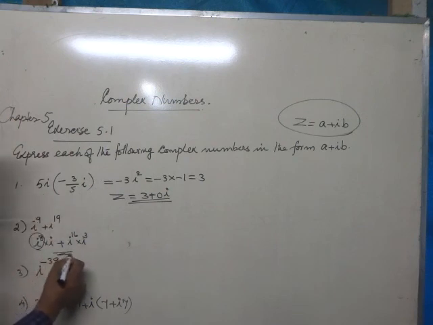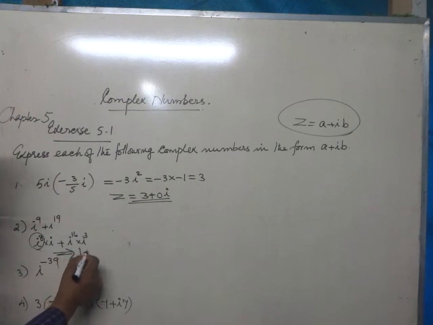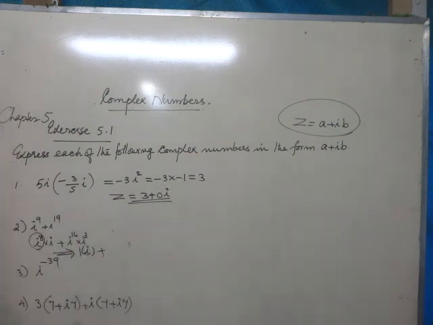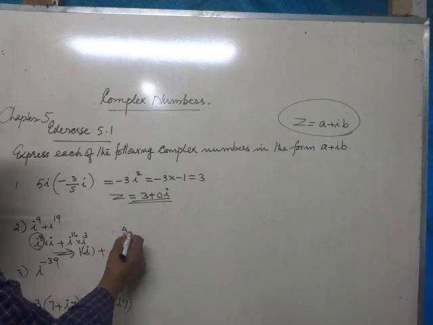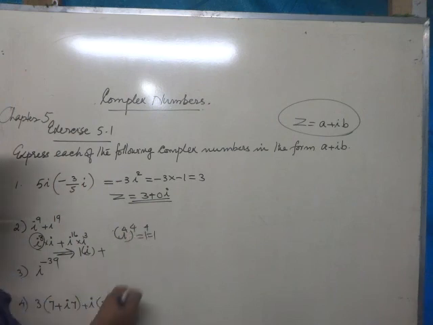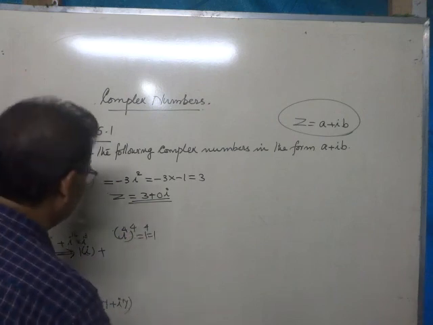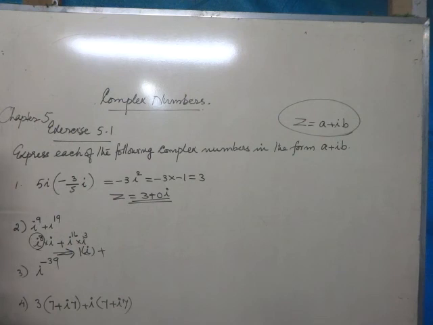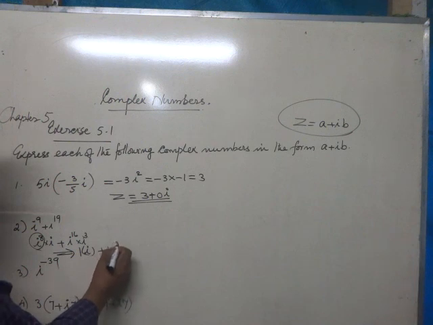That is to say, 1 into i plus i raised to 16 is i raised to 4 all raised to 4. There also it is 1. 1 raised to 4 is 1 itself. Therefore, 1i plus 1i cube.